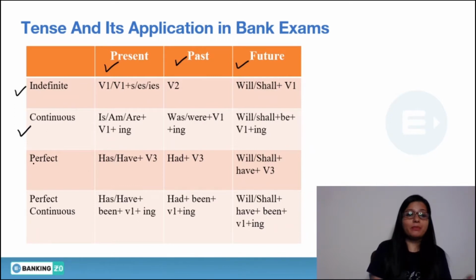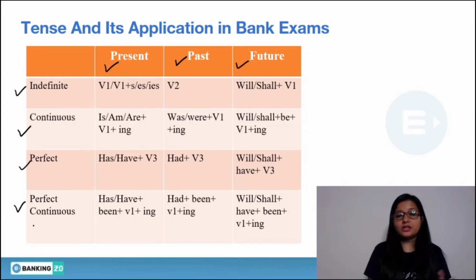In the same way, present perfect, past perfect, future perfect, present perfect continuous, past perfect continuous, and future perfect continuous. And you have all the structures. If you do not know how to create a sentence in a particular tense, you can get the idea by using this table.